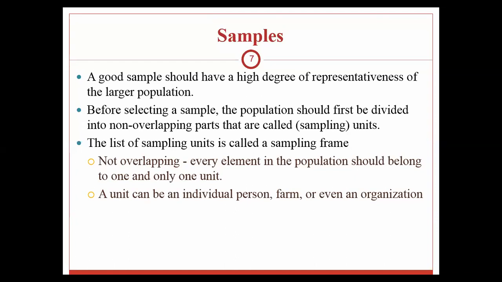So if you're going to study people in Kampala, then you divide the population into non-overlapping parts, which are the sampling units. In this case, they will be people, because one human being is one human being. You cannot have one person overlapping another. That's what we mean by non-overlapping. Those are the people in this case. And then you make a list of them. That is called a sampling frame.